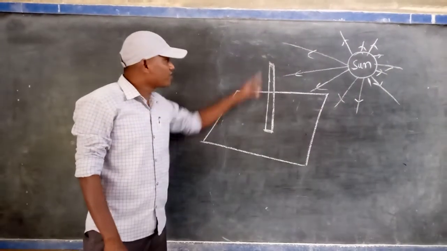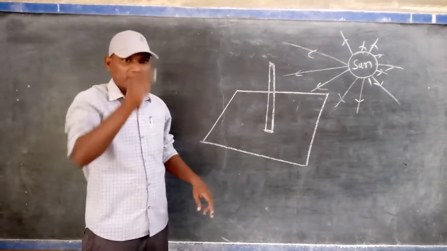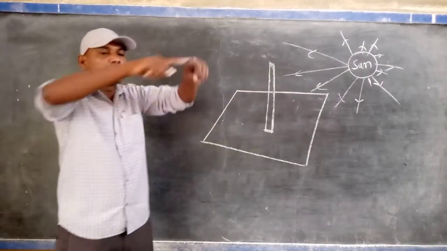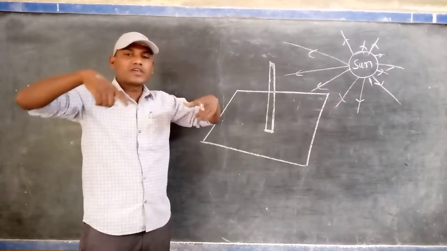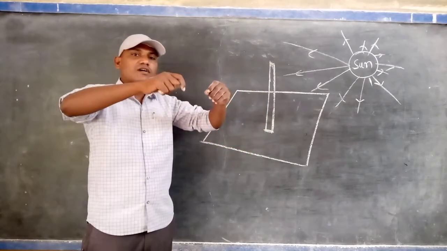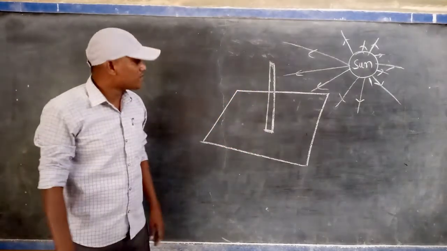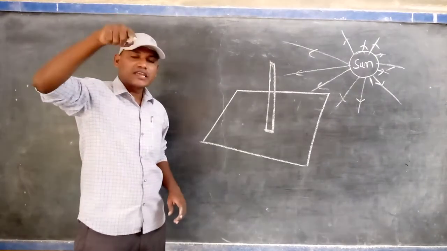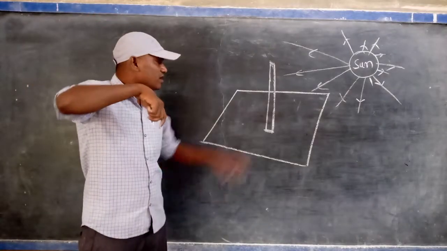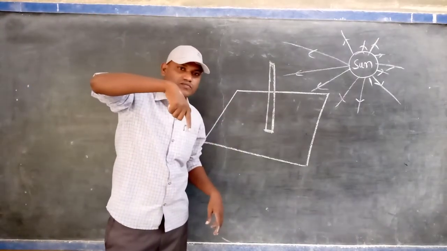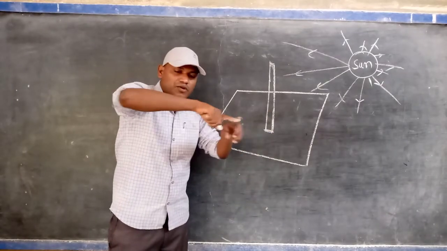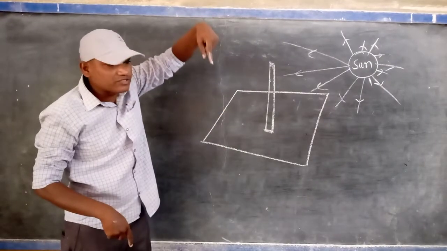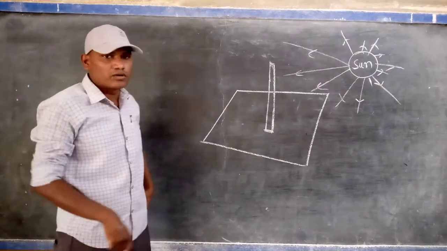Uniform means from top to bottom the thickness is the same. First you select an open place and make the fencing to avoid the entry of animals. Now it will be fixed at the middle of the fencing in vertical mode.